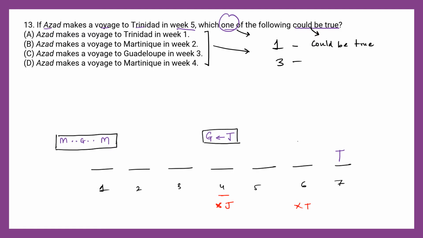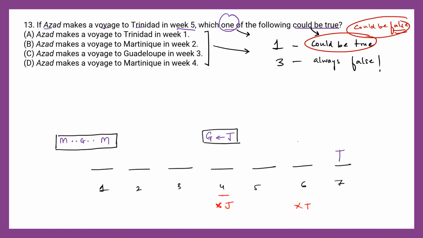and the others are always false. Remember that something that could be true could be false as well. So the problem is not that something could be false.